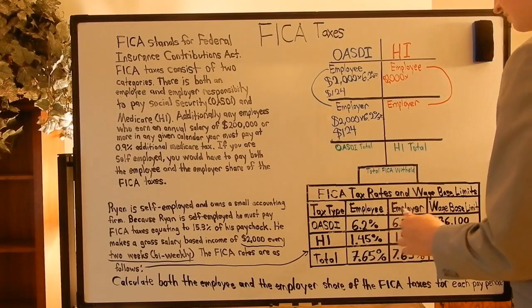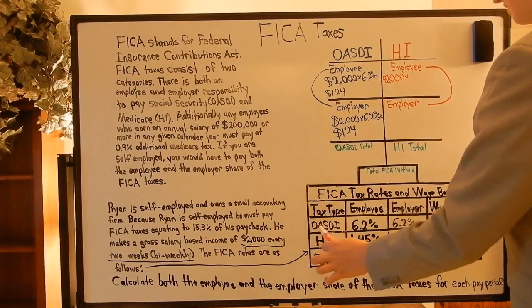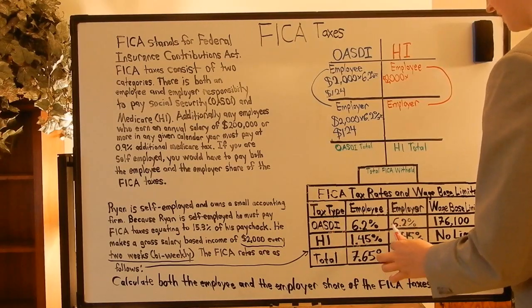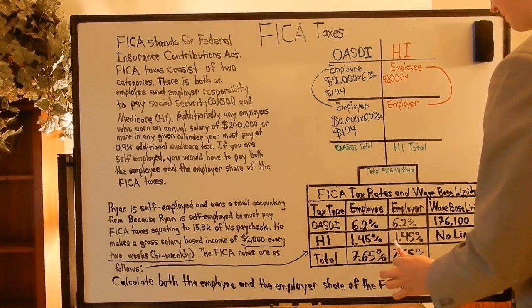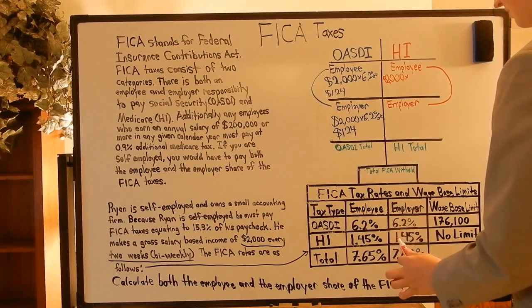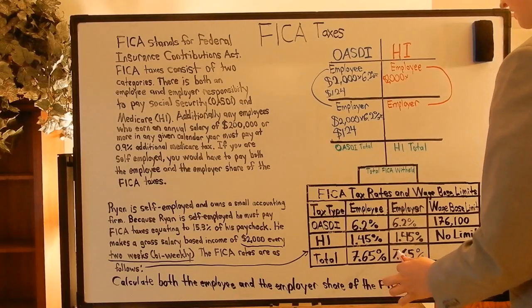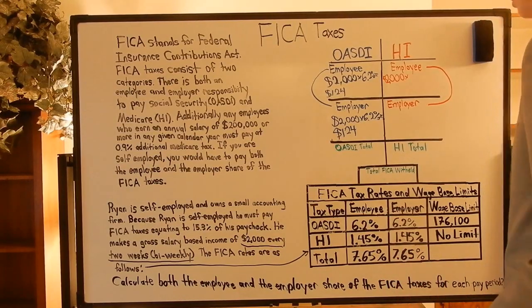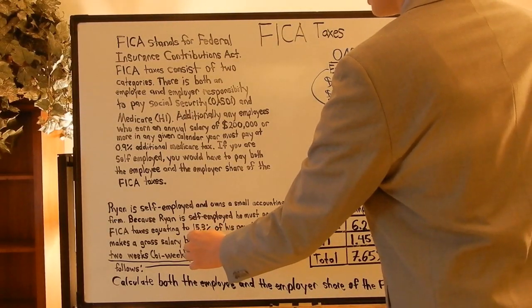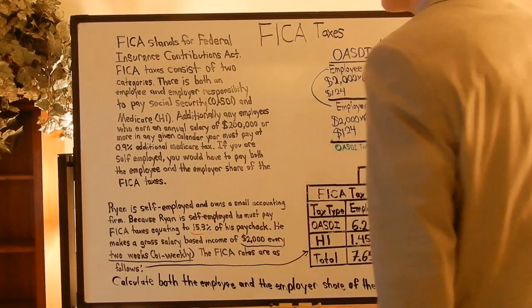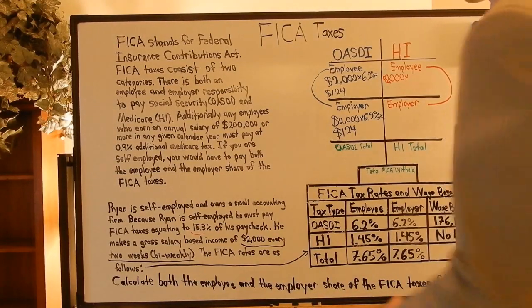Over here we have the employer, who pays 6.2% and then 1.45% for HI to get 7.65% for the employer, which, since Ryan is self-employed, means he pays 15.3% of his paycheck toward FICA taxes.